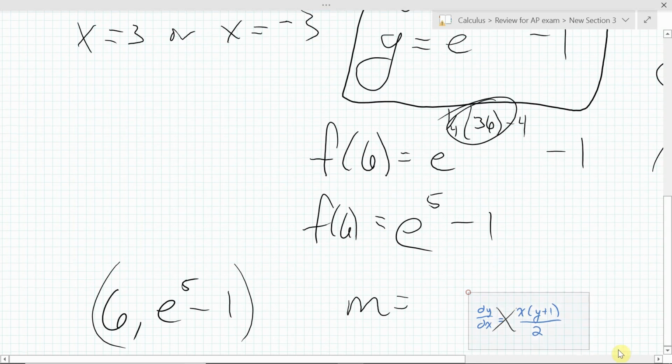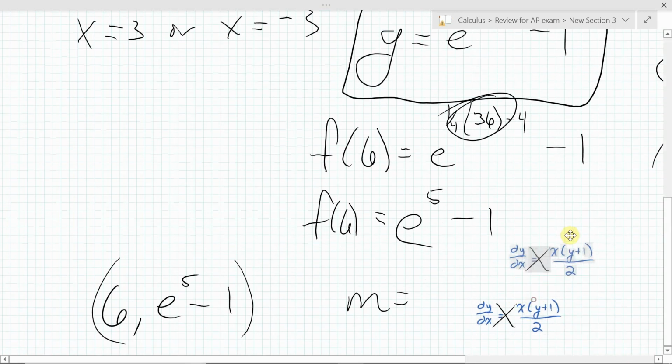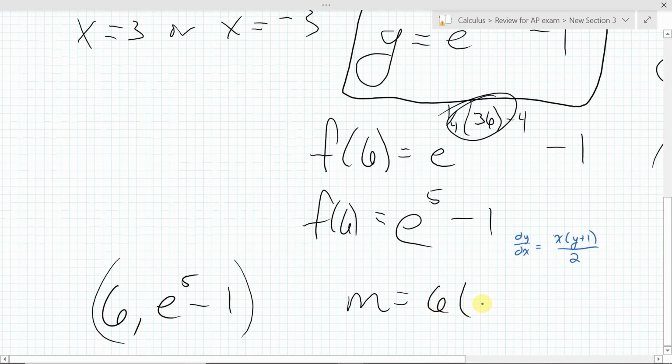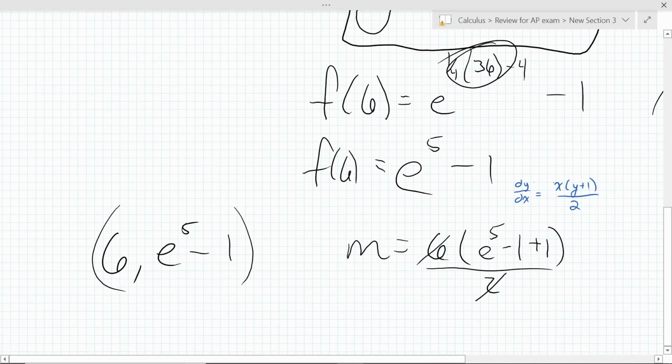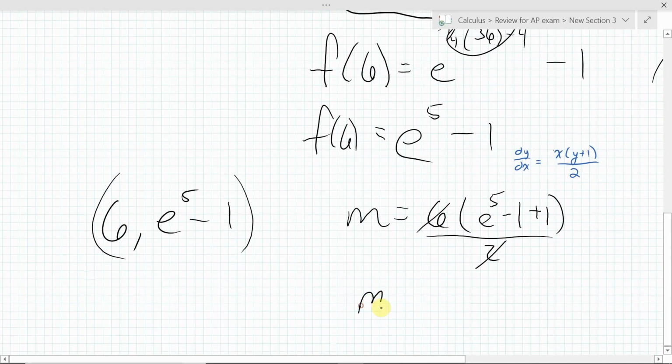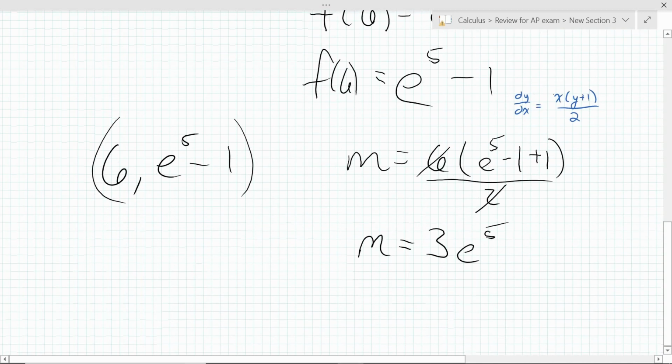And so we're going to say then that the slope is 6 times (e to the 5th minus 1 plus 1), that's y plus 1, all over 2. So that's a 3 e to the 5th. So the slope is 3 e to the 5th, if I didn't make an arithmetic mistake.